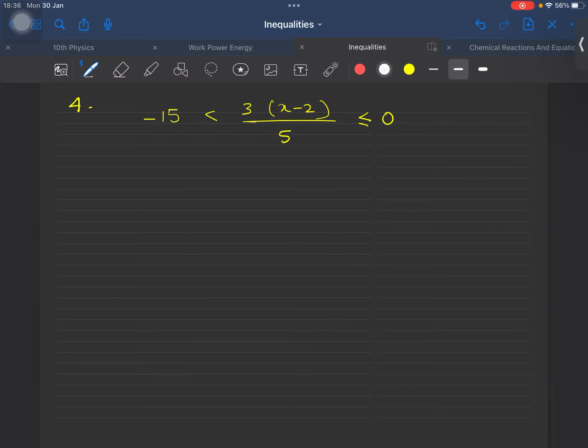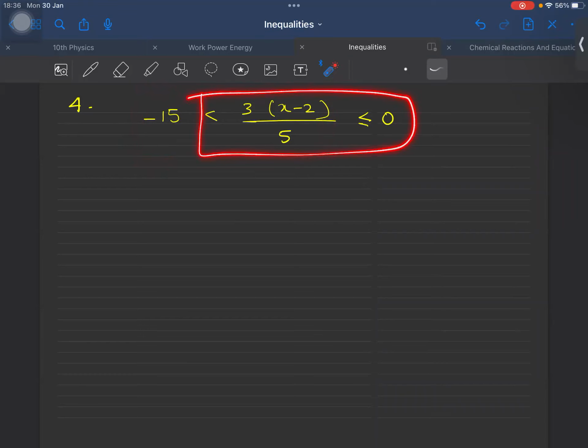How are we going to do that? See, when the inequalities are written like this, that means you have an and condition, and in an and condition we use intersection, right? So first you solve these two, then you solve these two, and take the intersection for x.